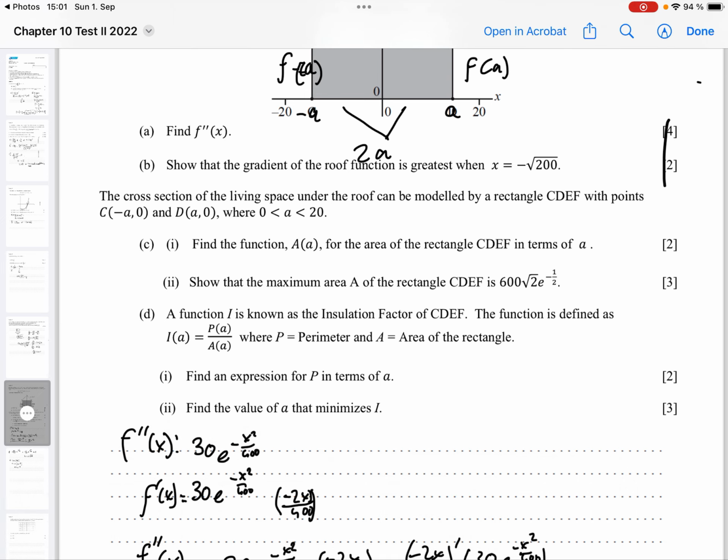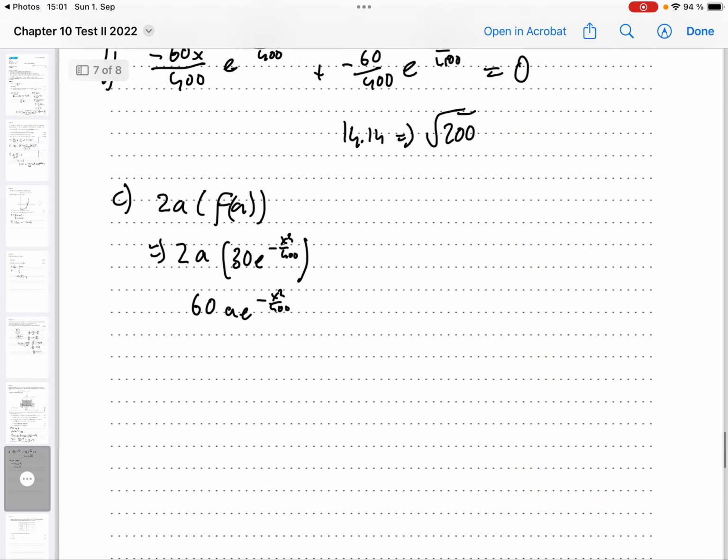We can't actually use proper calculus techniques to solve this. So this x can just be written as a, and this x can just be written as a. So we have the function 60a e to the negative a squared over 400 as our graph.